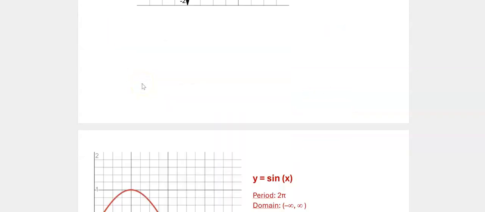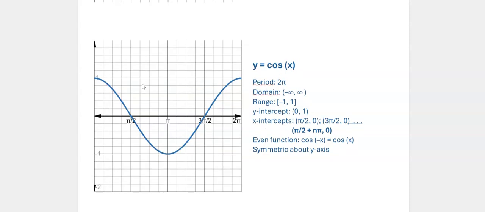And then for cosine, if we go back down here, we would still have the 5 points on the x-axis, from 0 to pi over 2 to pi to 3 pi over 2 to 2 pi, and the 4 quadrants, the 4 parts. But here it crosses at pi over 2 and at 3 pi over 2.